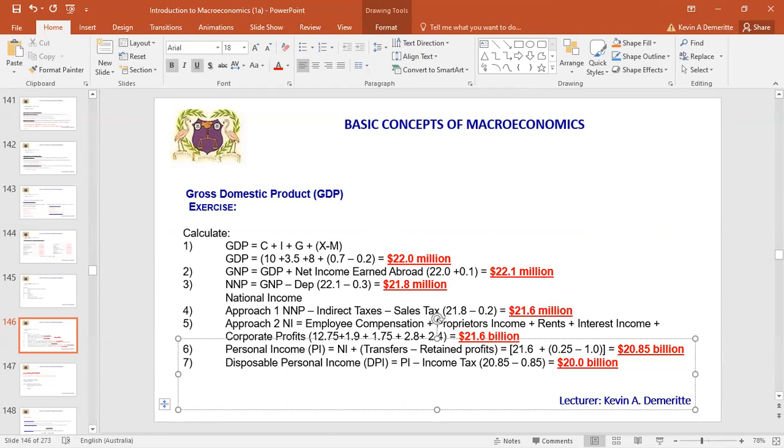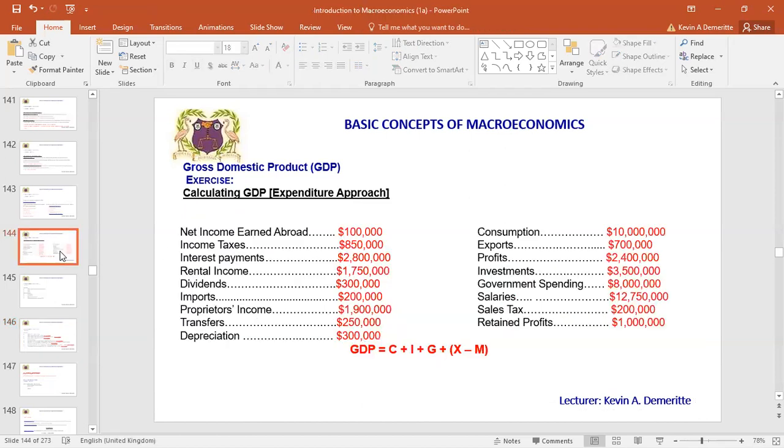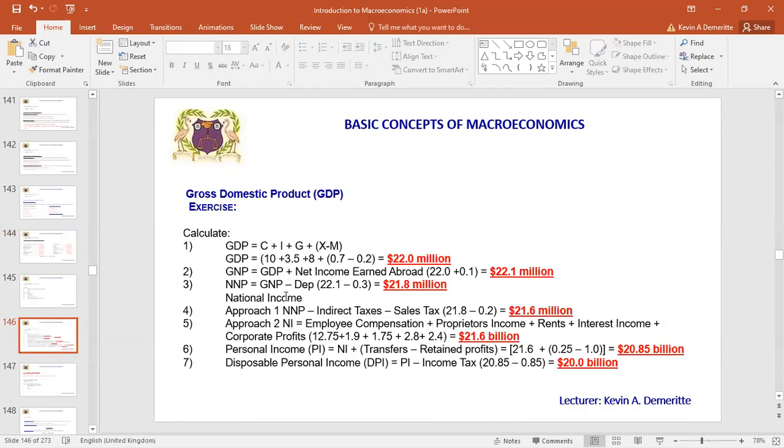If we've done our numbers right, and we have GNP of 22.1 million, and if we look at depreciation, we need to go to our table. What's depreciation? We see depreciation in our table of 300,000. So it's 22.1 million minus 300,000.